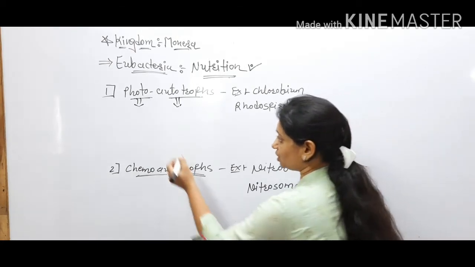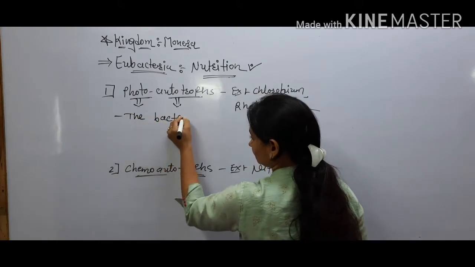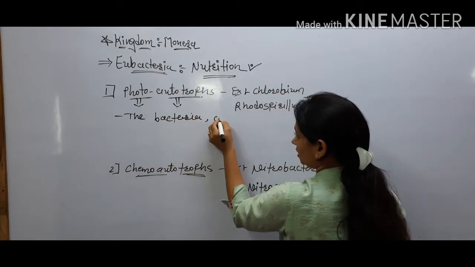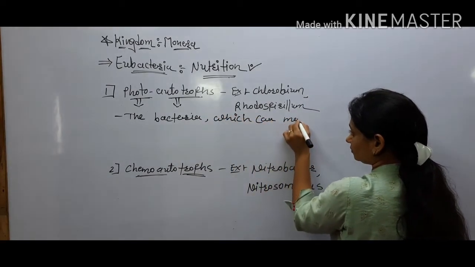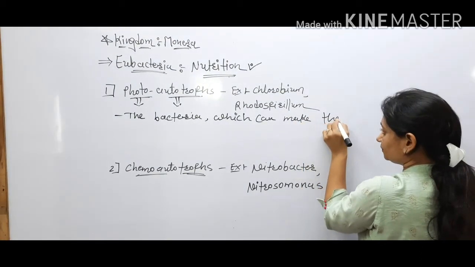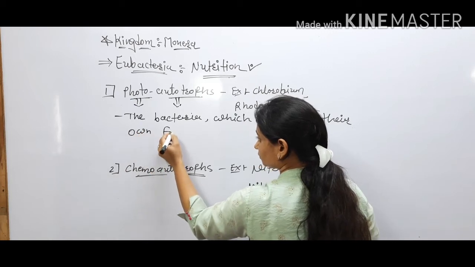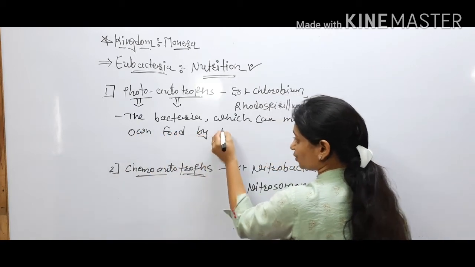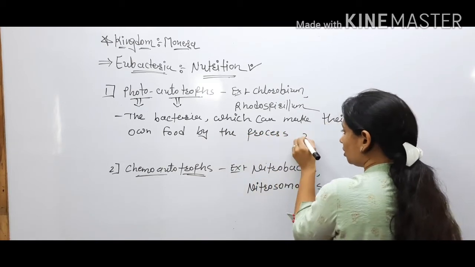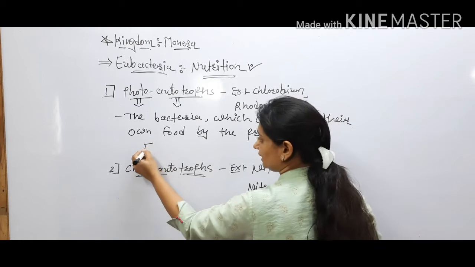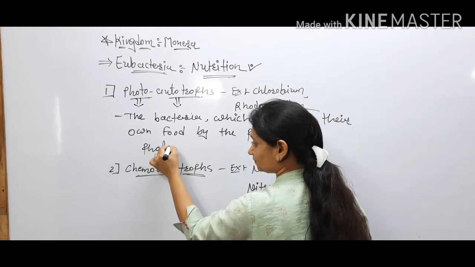Fine. So these photoautotrophs are nothing but the bacteria which can make their own food by the process of photosynthesis.